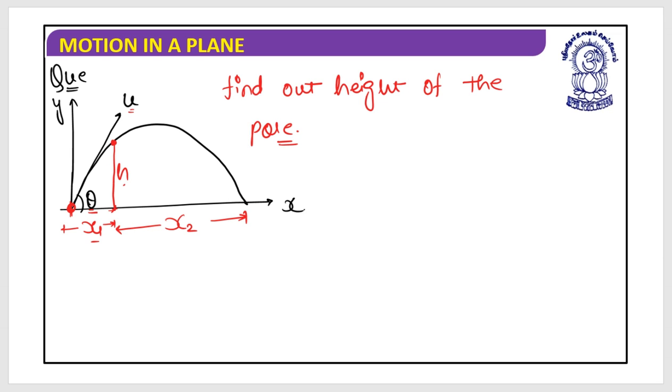Now in situations, a student gets stuck thinking this must be the maximum height, but this is not the case. Maximum height would be at this point.